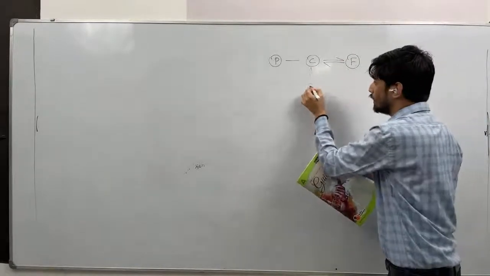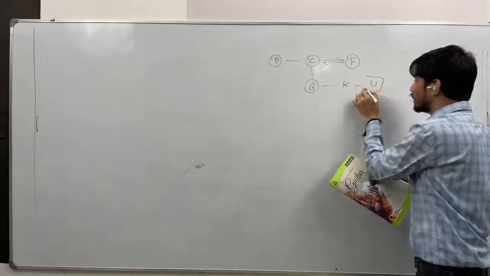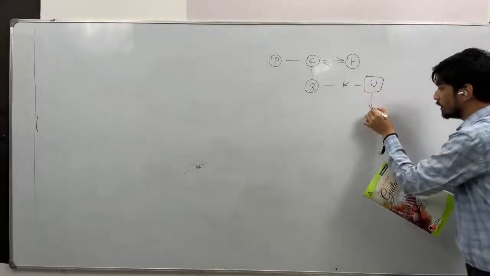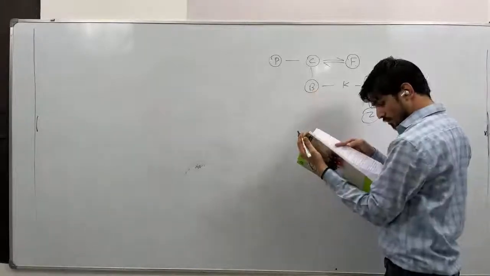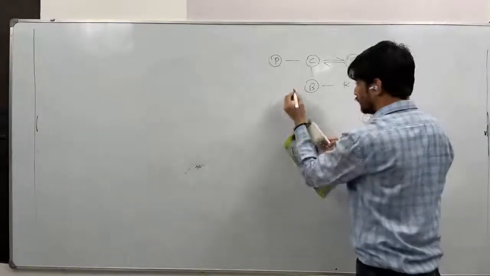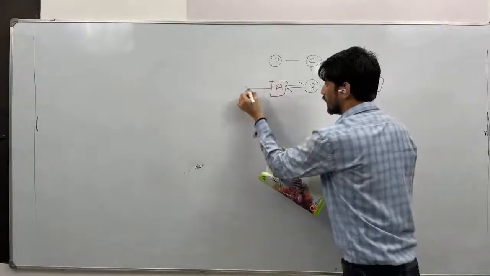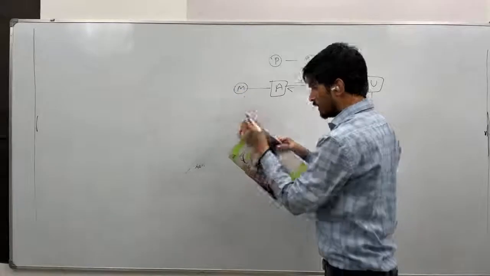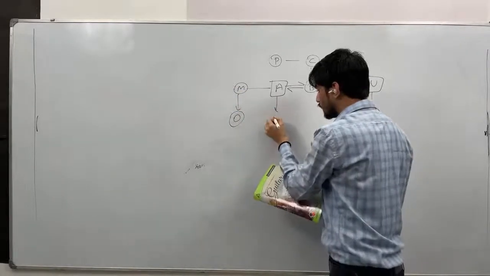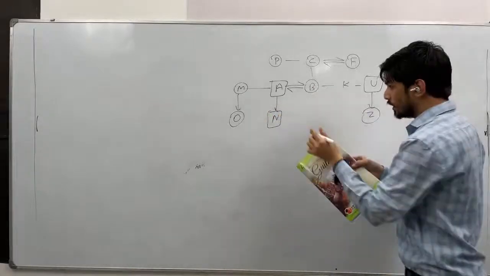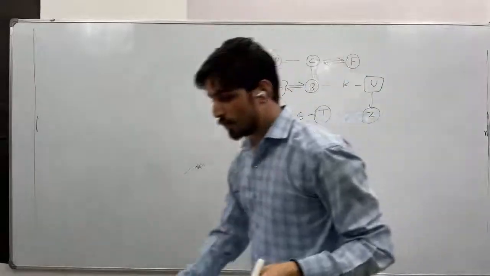And then you have B here, then K, then U, then you have Z here. B is married to A, then M, then we have O, right? Then we have N, and then we have S, and then T. Clear? So this is the tree diagram we are given, right?